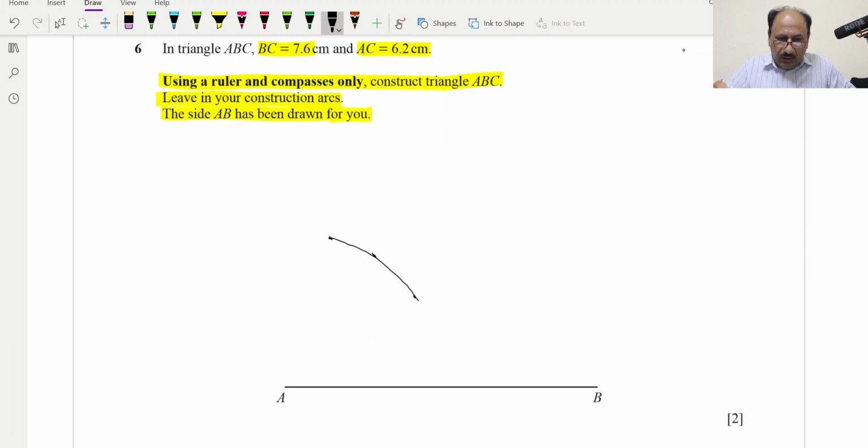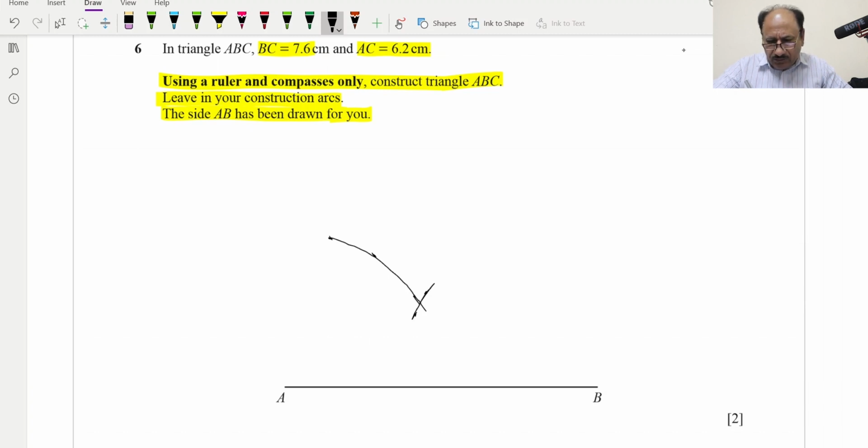And the second arc is 7.6 centimeters. So a 7.6 centimeters mark I'm taking over here, and the second 7.6 mark will be over here. So we can make an arc like this.